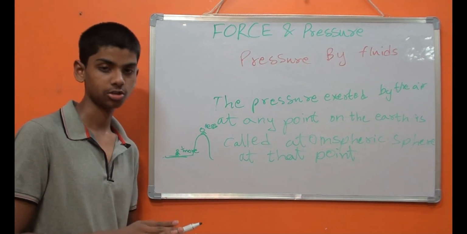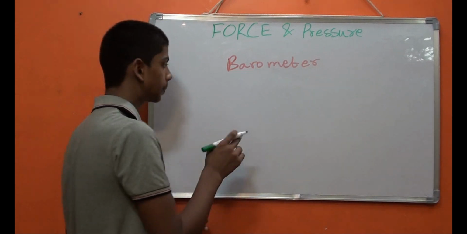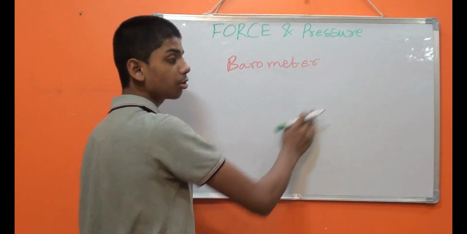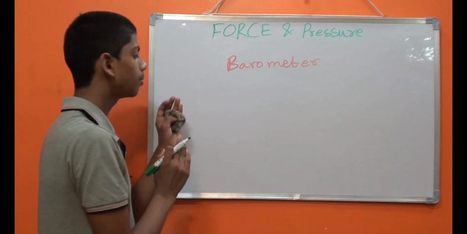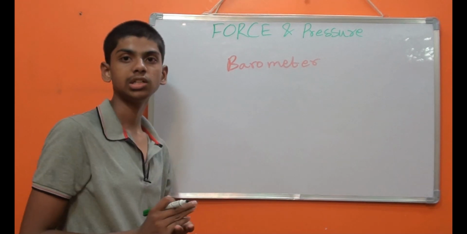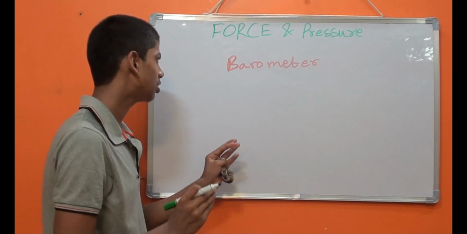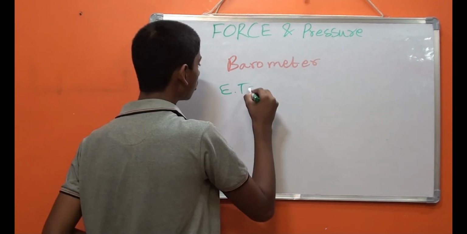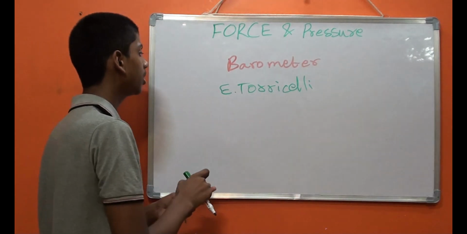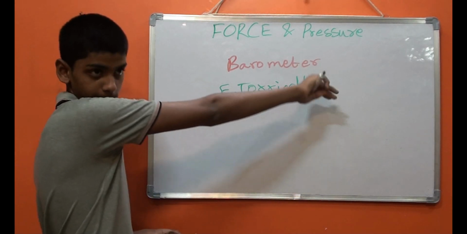Now let's see our next topic. So friends, now let's learn about the barometer. What is a barometer? A barometer is a device which is used to measure atmospheric pressure. It was created by Torricelli.